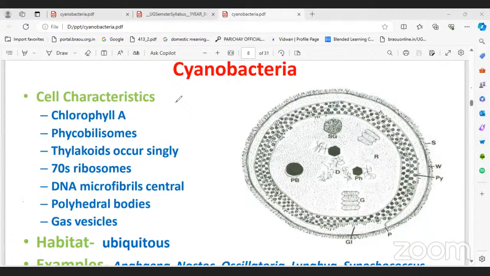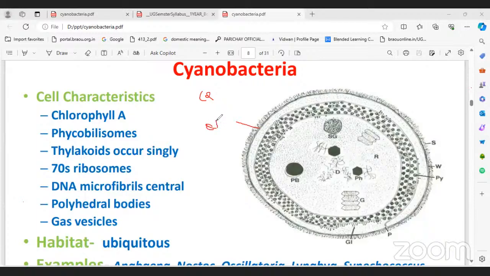Next, the cell membrane also present. Cell wall, cell membrane, then cell organelles.